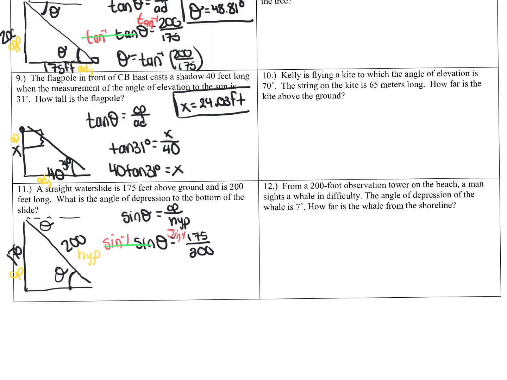These cancel off. Theta equals arc sine of 175 over 200. And you'll type that in the calculator. Theta should come out to be 61.05 degrees. So now you do the rest of these problems.